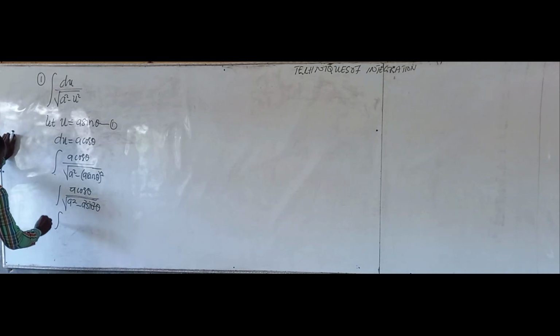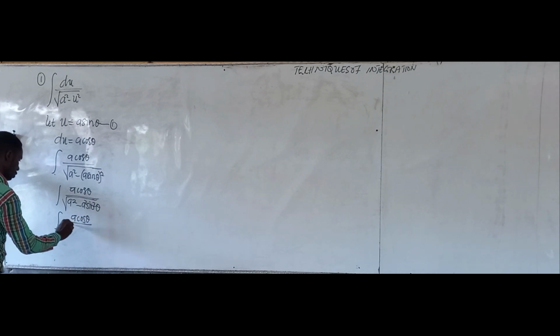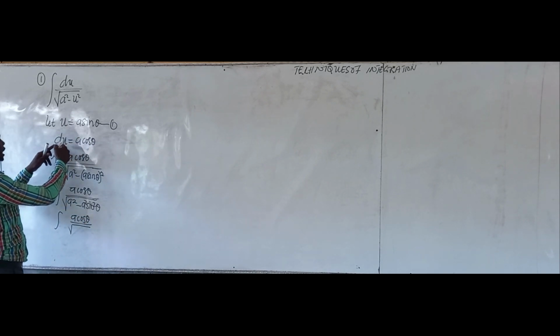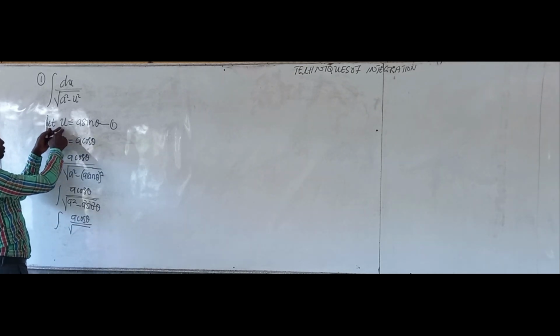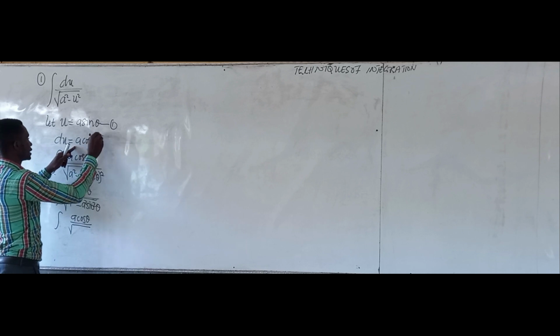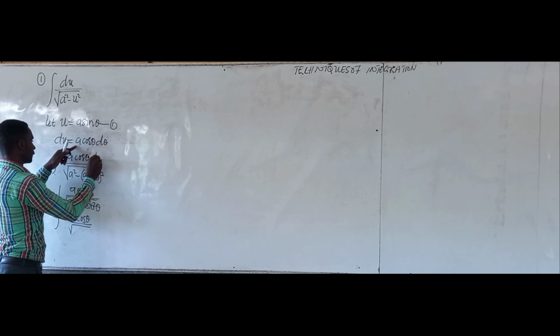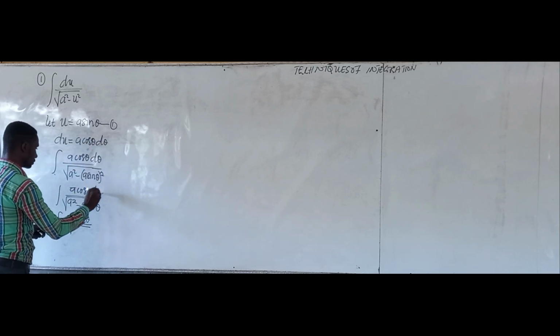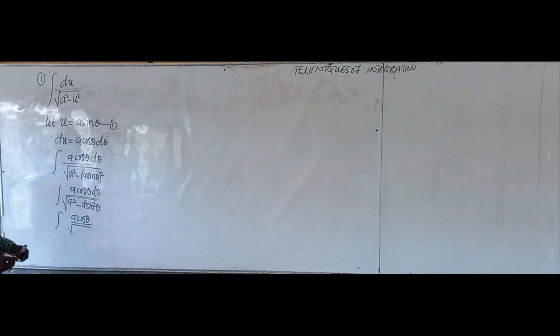This will give me integral a cos theta over square root of, in fact, it should be d theta. When I differentiated, du is equal to a cos theta d theta. Here should be d theta. Make sure you don't forget.